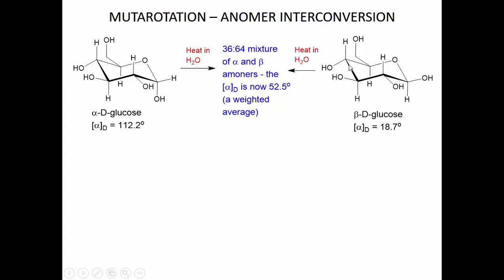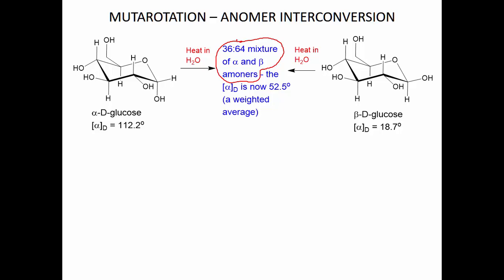When you put these in water and you heat it, eventually either of those compounds is going to isomerize to this equilibrium mixture of alpha and beta anomers. So if you start with 100% alpha-D-glucose, you get a 36 to 64 mixture that's mostly beta.